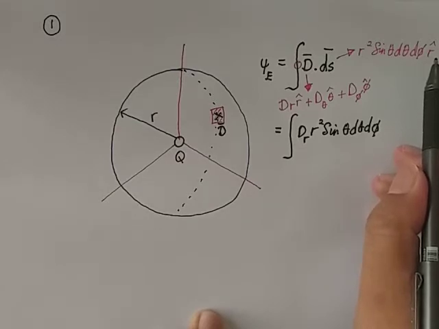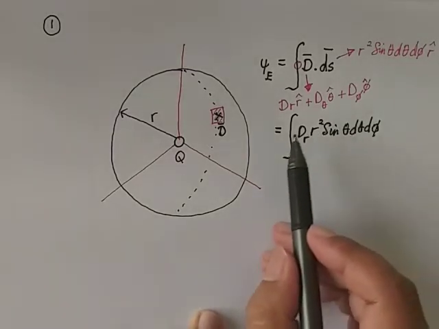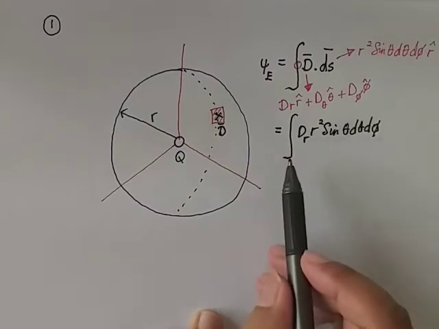Okay, remember dot product is also known as scalar product because the final solution of a dot product is a scalar. So therefore, you don't have any direction after the multiplication.